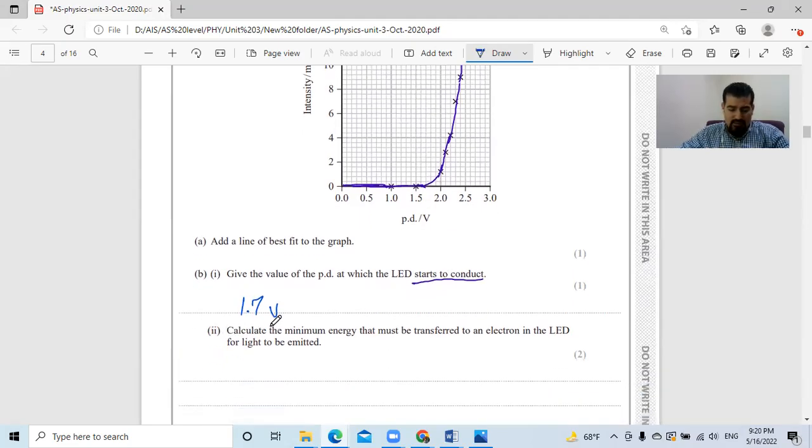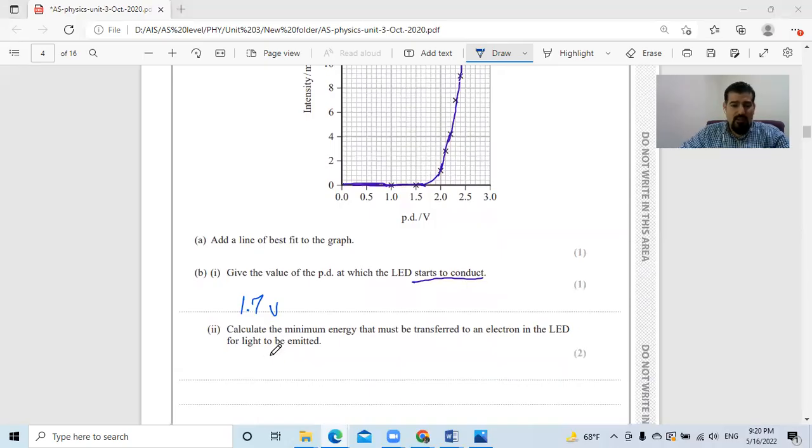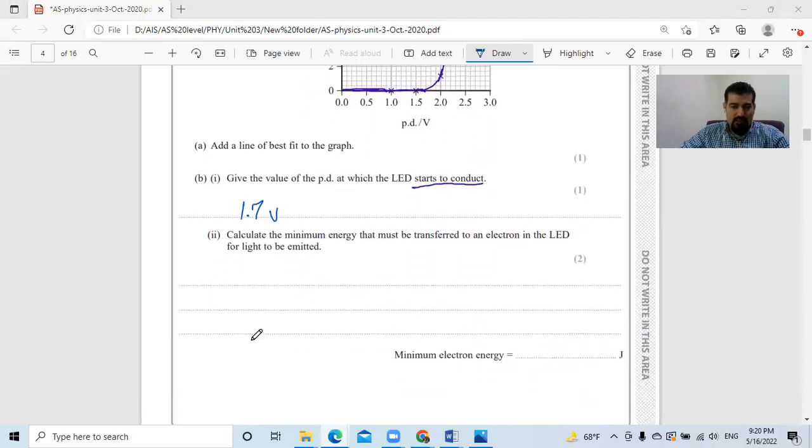Part double I. Calculate the minimum energy that must be transferred by an electron in the LED for the light to be emitted. Now, I know that the work is equal to the voltage multiplied by the charge. According to the definition of potential difference, it is the work or energy needed for each charge, and they ask about the minimum energy.